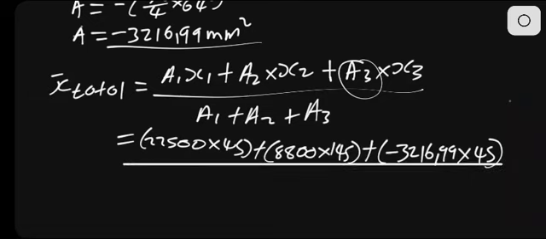Divide this by area 1, here we have 22500, plus area 2, 8800.